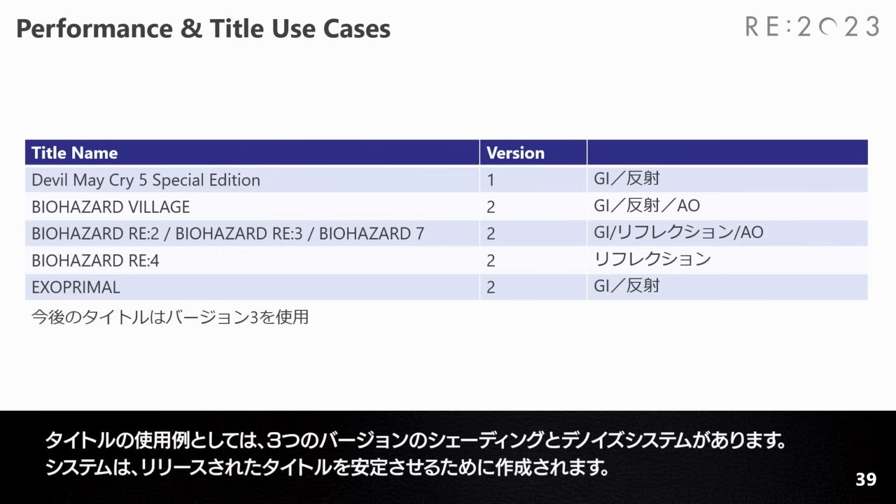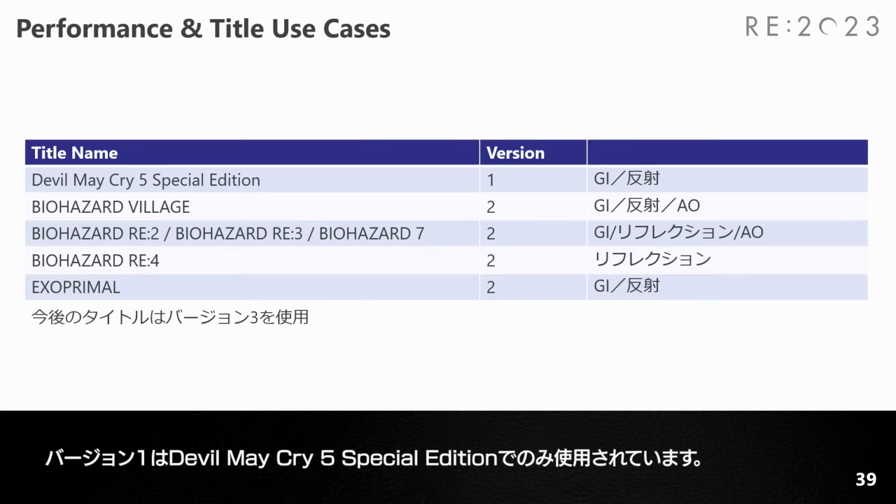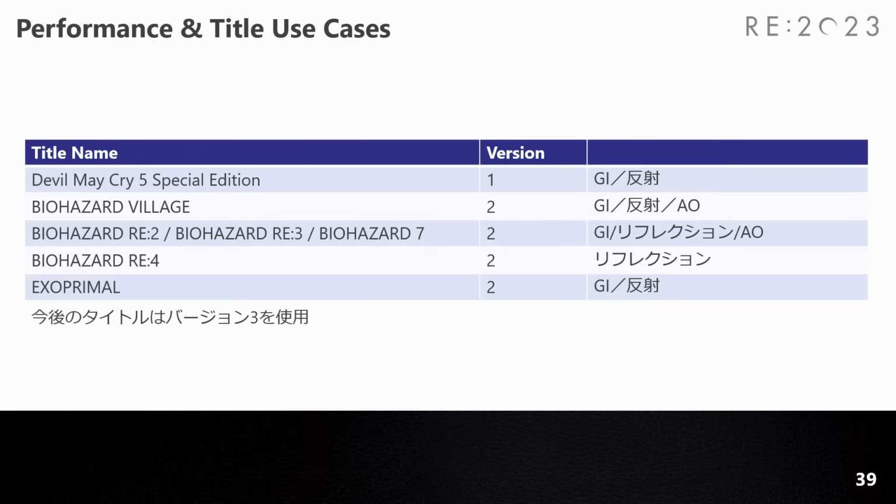As for title use cases, 3 versions of the shading and denoiser system are created to keep titles stable. Version 1 is only used in Devil May Cry 5 Special Edition.